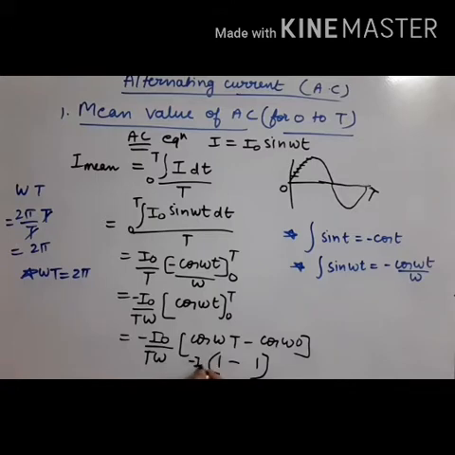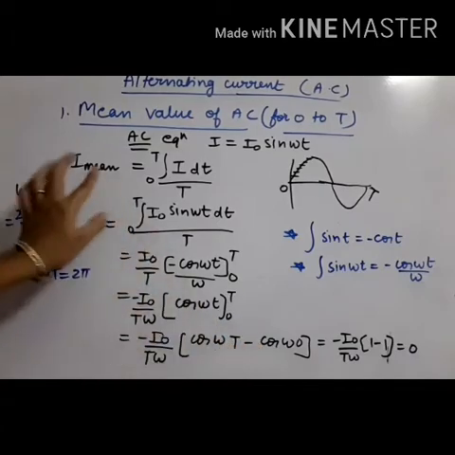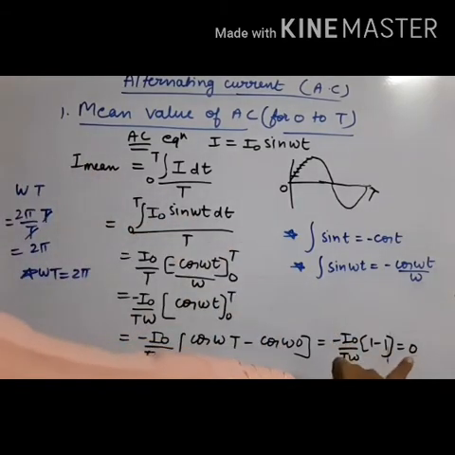So if I solve it further, 1 minus 1, the answer is coming 0. I have written it on this side: cos omega t means cos 2 pi, cos 2 pi is 1, cos 0 is also 1, so 1 minus 1 in the bracket is 0. So the answer is 0.